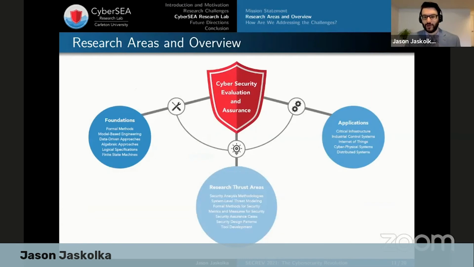And in doing so, we have a number of research thrust areas that involve security analysis, threat modeling, applying formal methods for security, developing measures and metrics of security, as well as developing assurance case and design patterns for software systems. And we apply this in many different areas, most notably in critical infrastructures, industrial control systems, the IoT, cyber physical systems, and distributed systems.